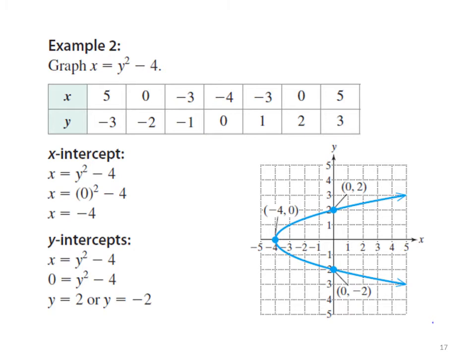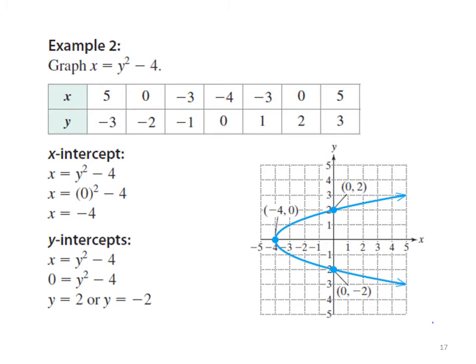To find x for each point, you just substitute it in the equation. For example, let's start with 0. When y is equal to 0, x is equal to 0 minus 4, so x will equal minus 4. So the first point is (-4, 0). For y equal 1, if we substitute y equal 1, you get 1 minus 4, you get minus 3.